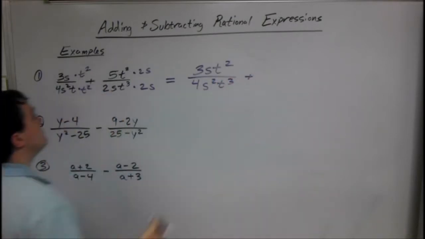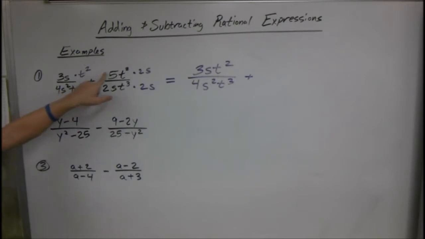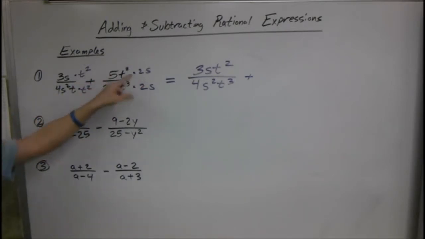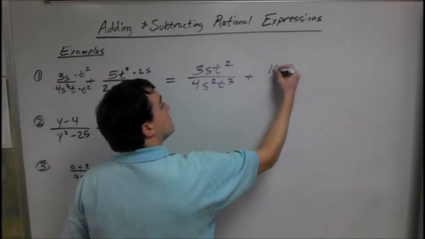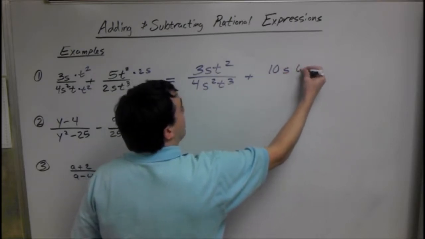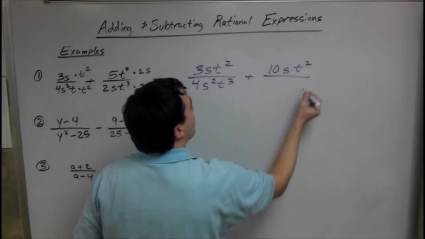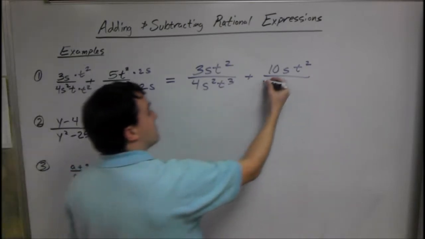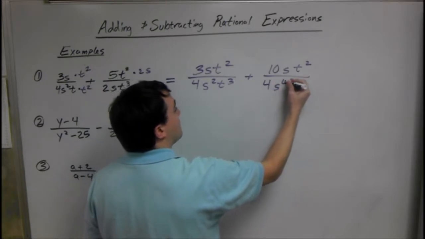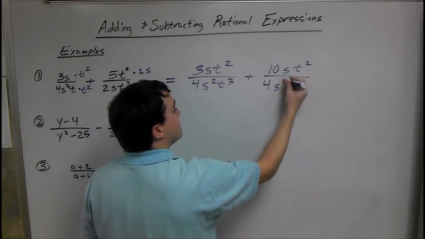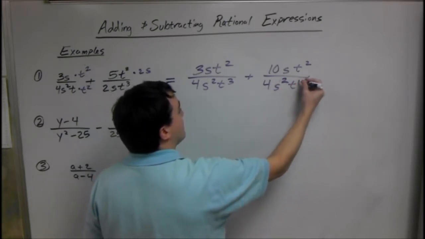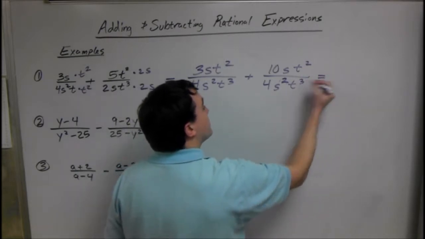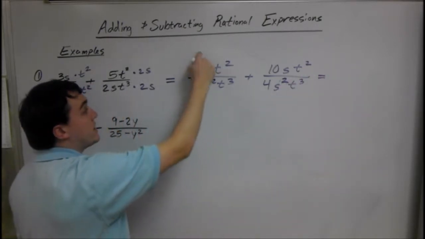Sign doesn't change. 5t squared times 2s is going to be 5 times 2 is 10st squared over our common denominator, which remains the same, 4s squared t to the third.